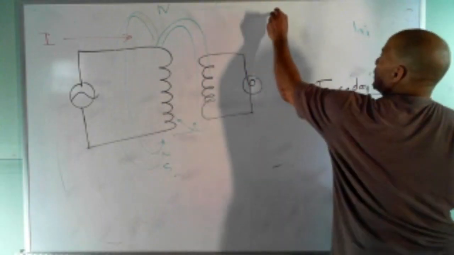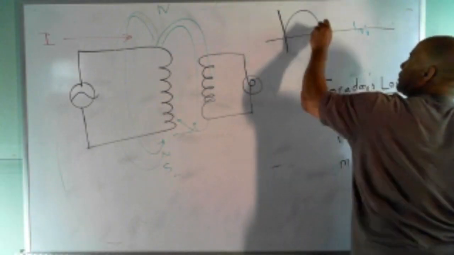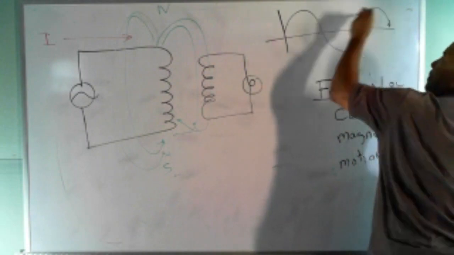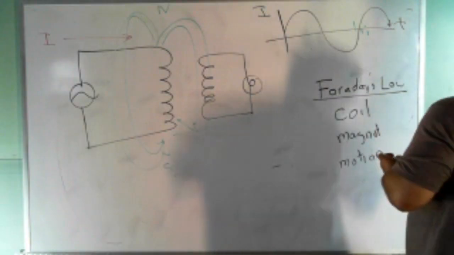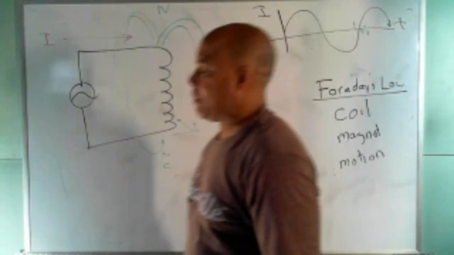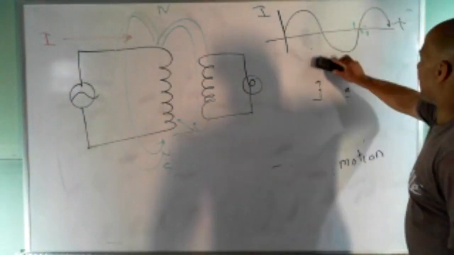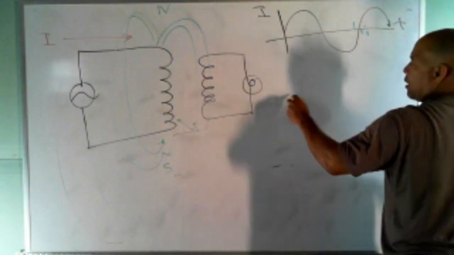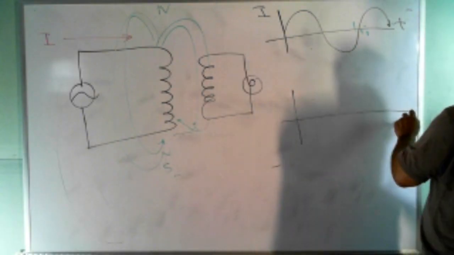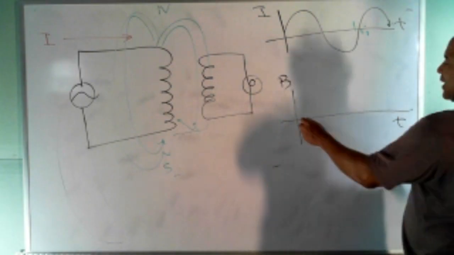Current is going to flow, but the current that flows looks like this. That's the current over time. Well, if current is flowing like that, it's going to produce a magnetic field that looks exactly like the current sine wave. So if I make a graph of the magnetic field produced by this current, this is B now over time. That magnetic flux is doing this.